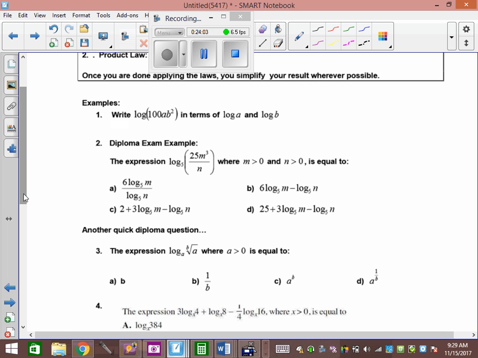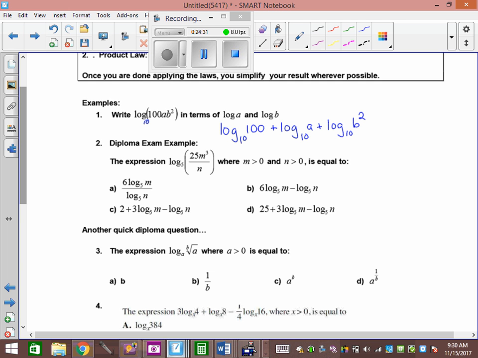So this one here, a lot of people don't spot this again. If it's missing a base, maybe write the base as 10. Often that helps people because they'll sit there and be like, I don't know. But if I write log base 10, then when you see log base 10 of 100 plus log base 10 of a plus log base 10 of b squared, you might spot that log base 10 of 100 is actually what? 2.